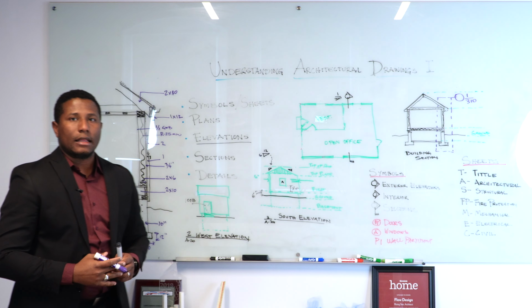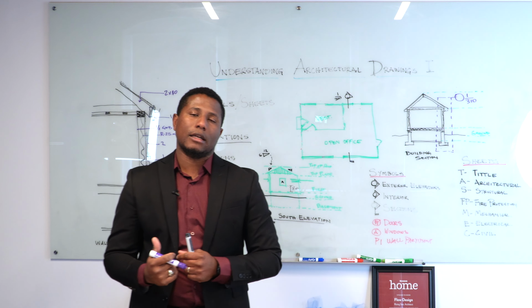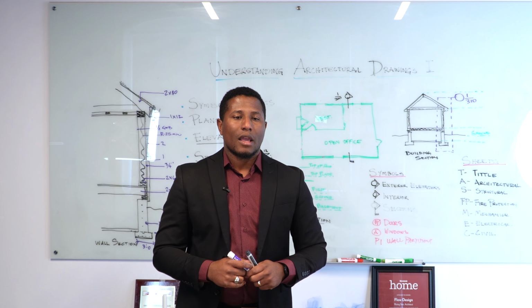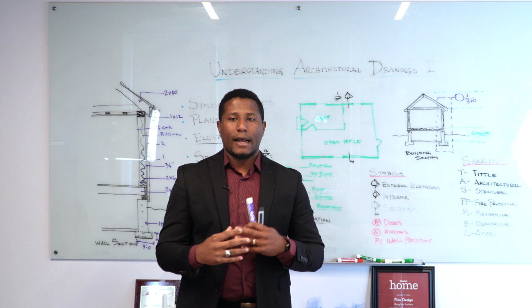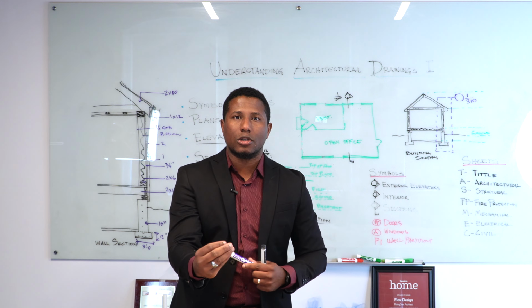Those are things that are important for you to understand and where to find them in the architectural set of plans, because then you can get a sense and have a very smart conversation with the architect.